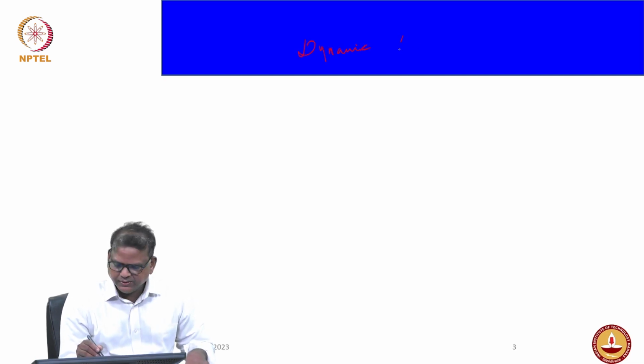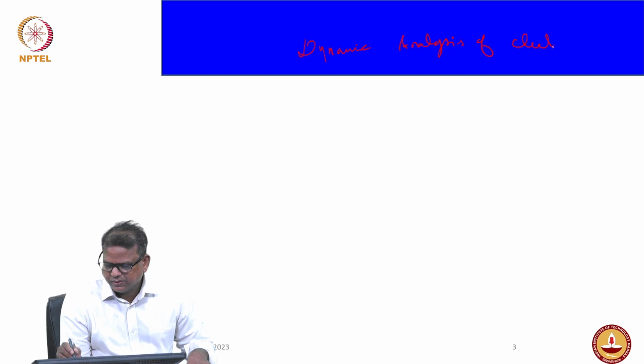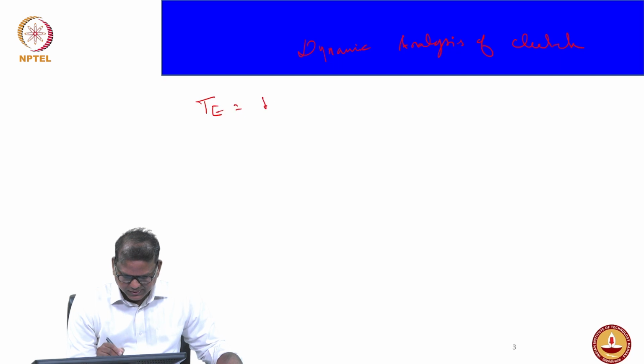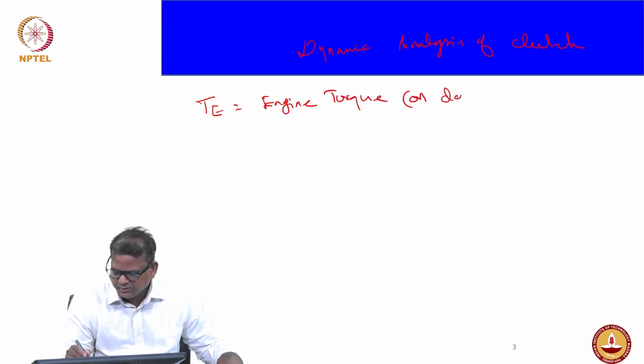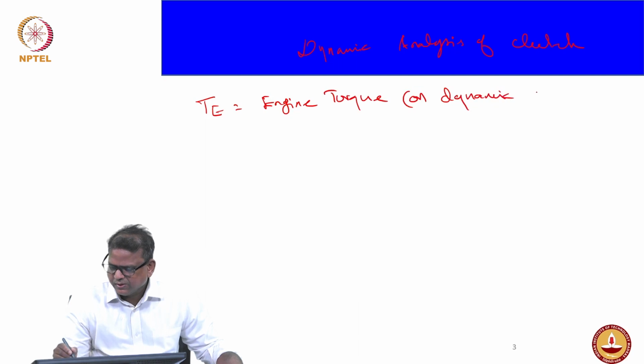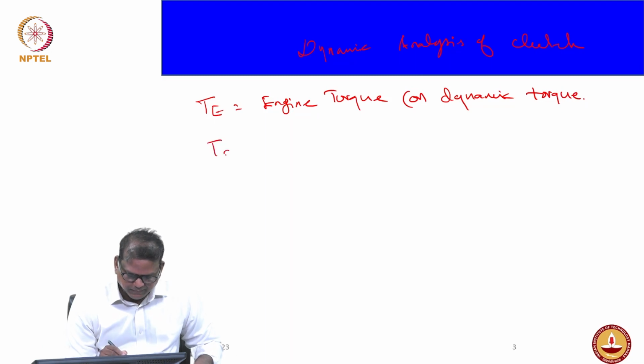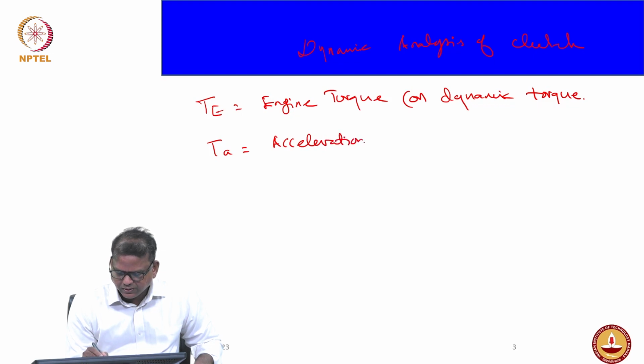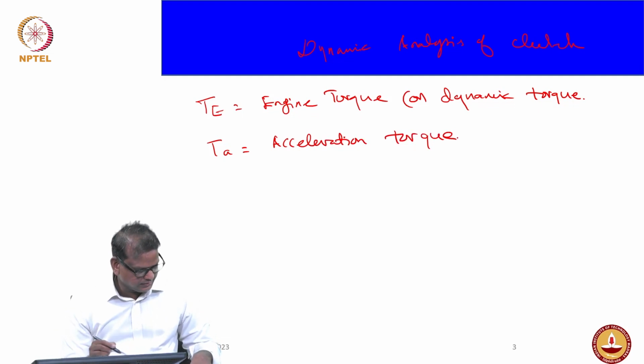Dynamic analysis of clutch. T is the engine torque or dynamic torque, that's the source. Then you have the acceleration torque, TA.